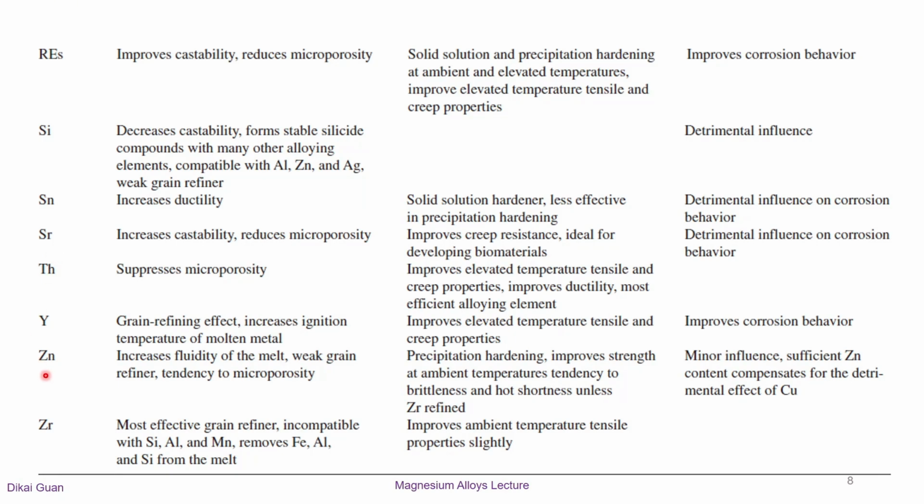Zinc is one of the commonest alloy additions. It can improve precipitation hardening. Last but not least, zirconium is the most effective grain refiner, but it cannot be used in the presence of aluminum, silicon, and manganese, because they normally form stable particles with zirconium first in the melt.